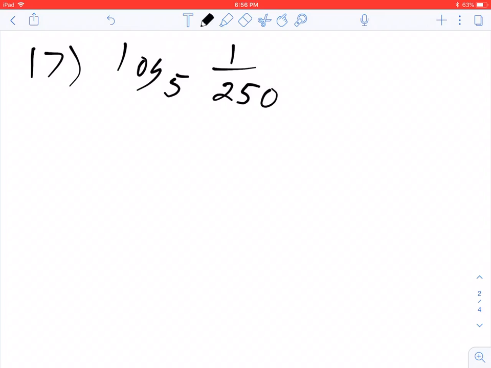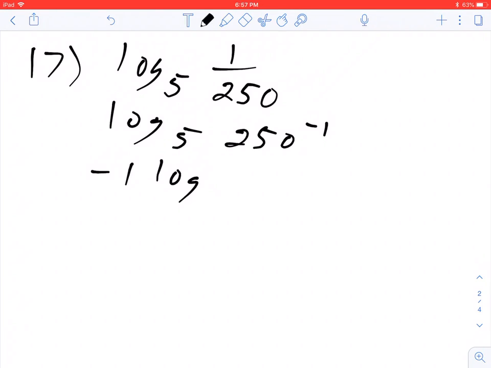So let's make this log base 5 of 250 to the negative 1. And now the power property allows us to bring that ahead. Log base 5 of 250.